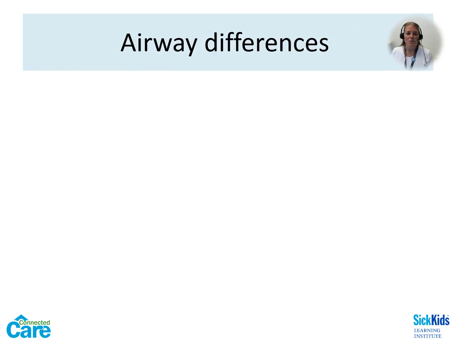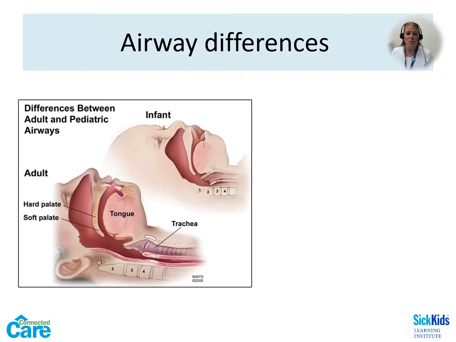This is a visual representation of the differences between an adult and a child airway. You can appreciate, due to these differences, how children are prone to obstruction, airway narrowing, upper respiratory issues, and difficulty with intubation. These differences include a cone-shaped airway in children, which means it's wider at the top and narrower at the bottom.